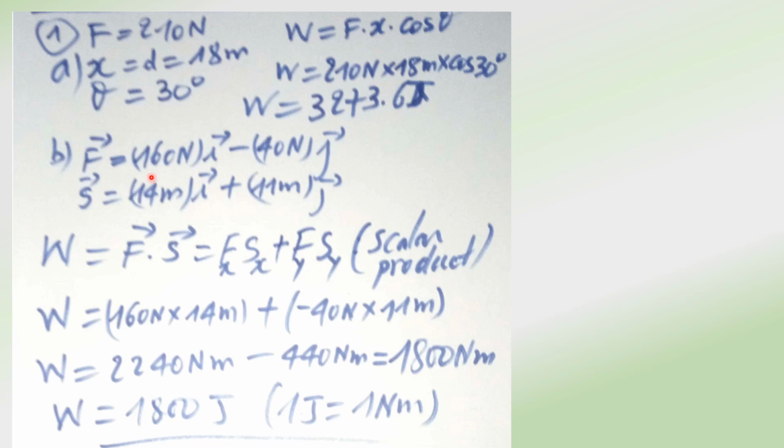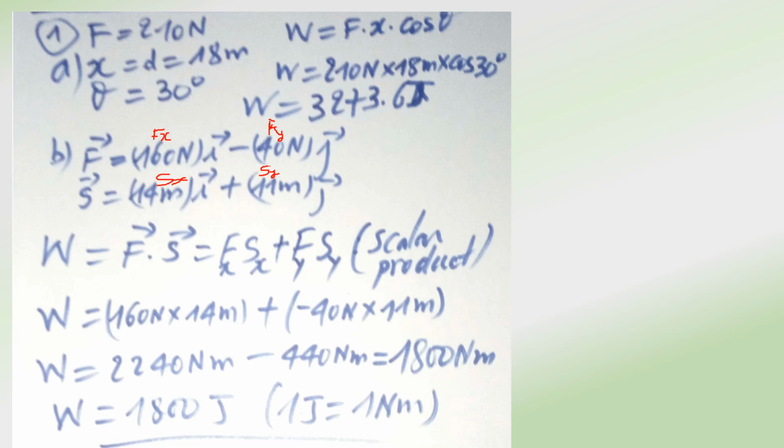Here it's the reason why we take this as the x component of the force. Then this is the Fx, and this is the Fy, meaning the y component of the force, and this is the Sx, meaning the x component of position, and this is the Sy, meaning the y component of the vector position.